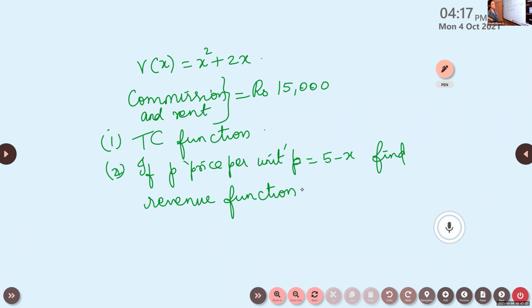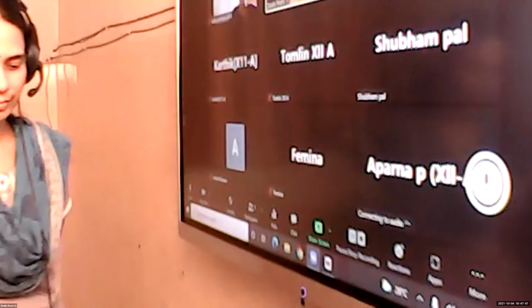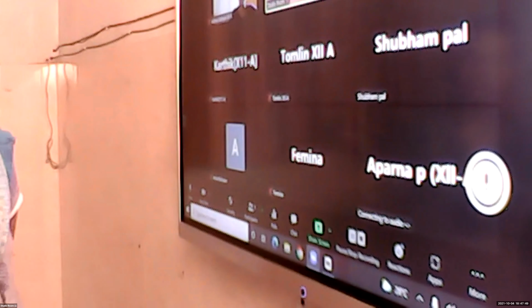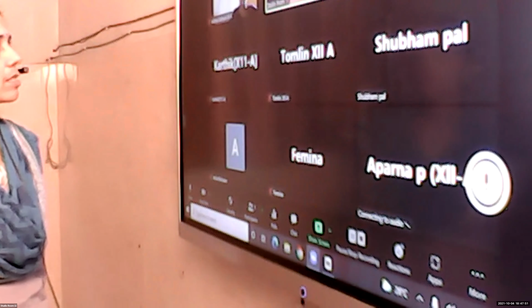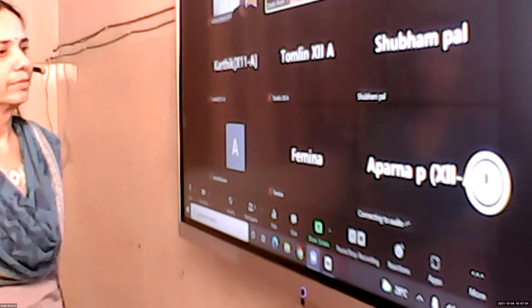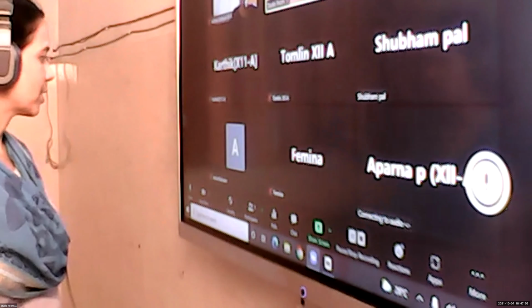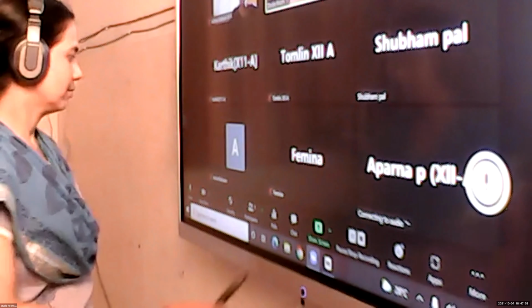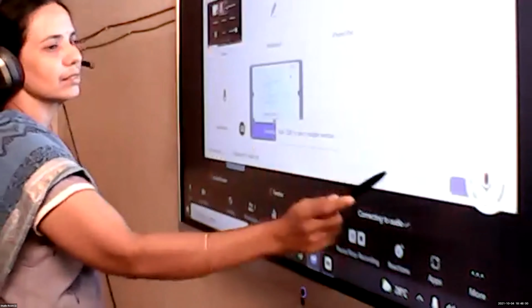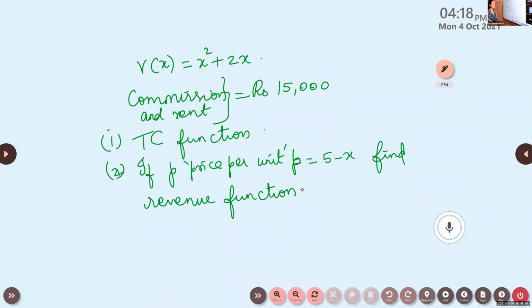If P is the price per unit, yes, tell me children, what is the total cost? Aparna, give the answer. I think she's having some net issue. Okay, Anila, give the answer. Variable cost is given. Commission and rent is given. So what will be the total cost?